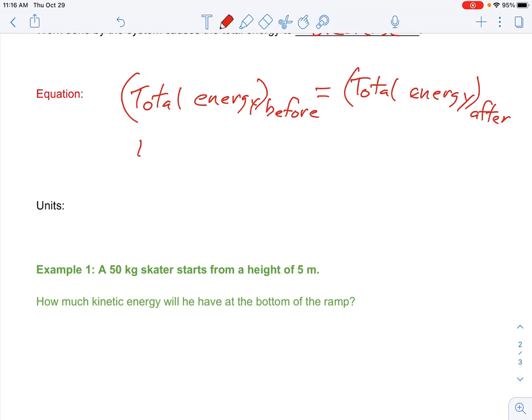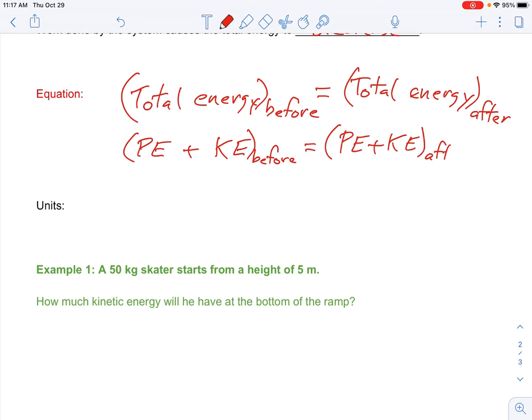We have potential energy and we have kinetic energy. We're going to leave thermal energy out of the picture for now, for simplicity. So there'll be no friction. So potential energy plus kinetic energy before equals potential energy plus kinetic energy after.